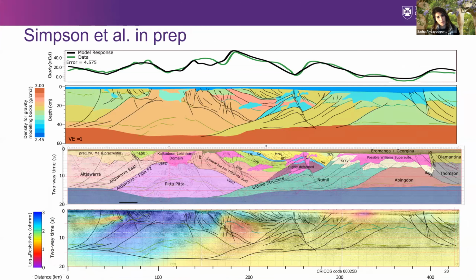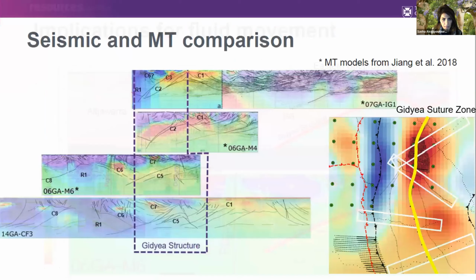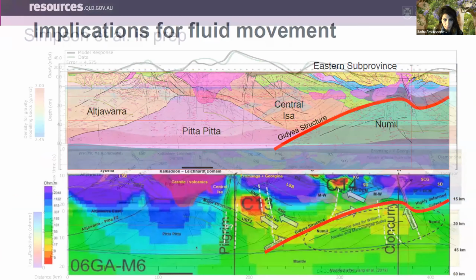This is the work that Janelle has been doing, and she's trying to publish it. It's in preparation, so she kindly gave me this to put here, and it's basically the same line. I guess if I go back here, it is this one, and CF3 that I am working on.